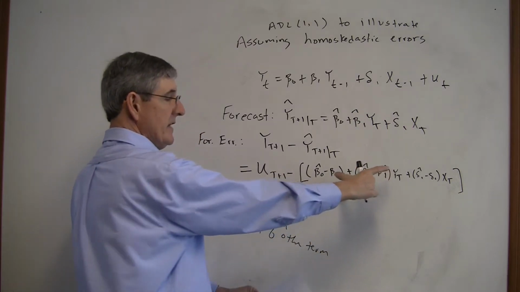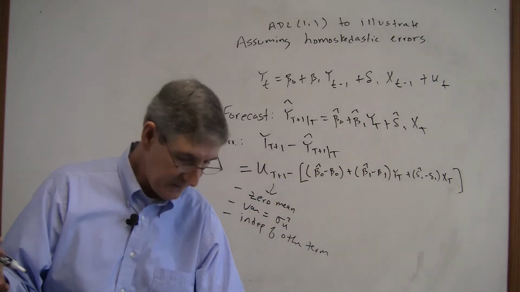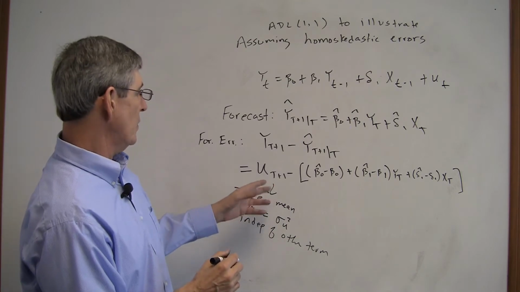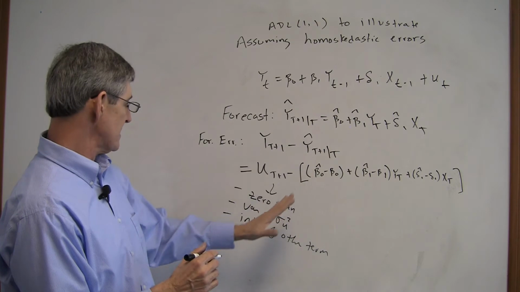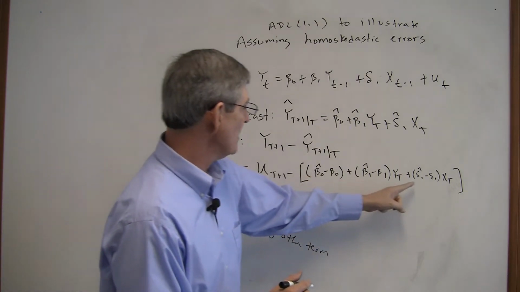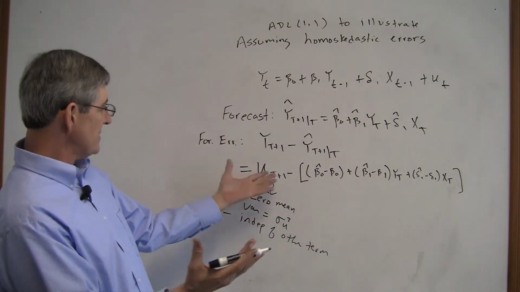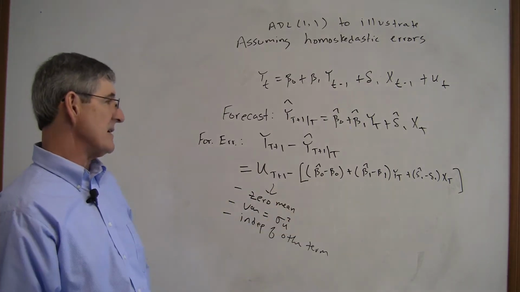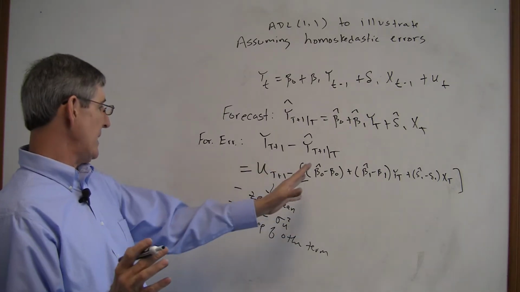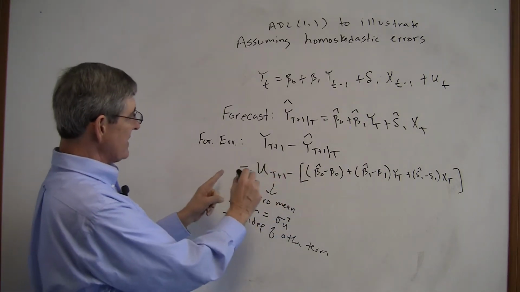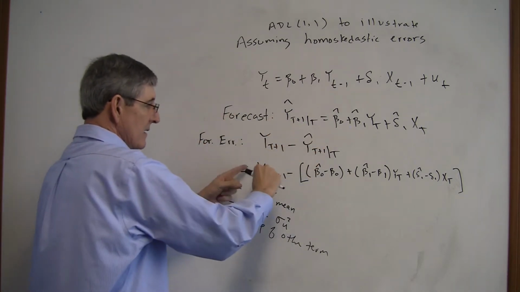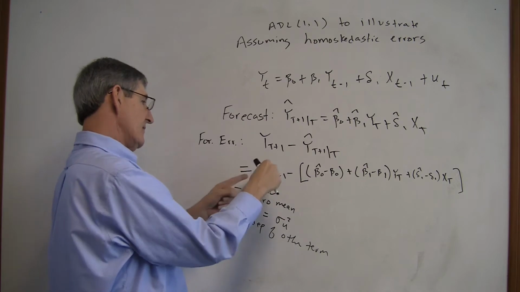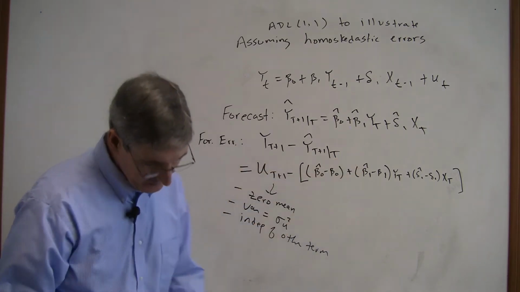That's what our assumptions do for us. We know that u_t is independent of all past data. That was one of our assumptions. And then these hats are all dependent upon the data. So if u_{t+1} is independent of past data, then those are independent. So when we take the variance of this, we want the expected value of this squared. We can just take this variance plus this variance.